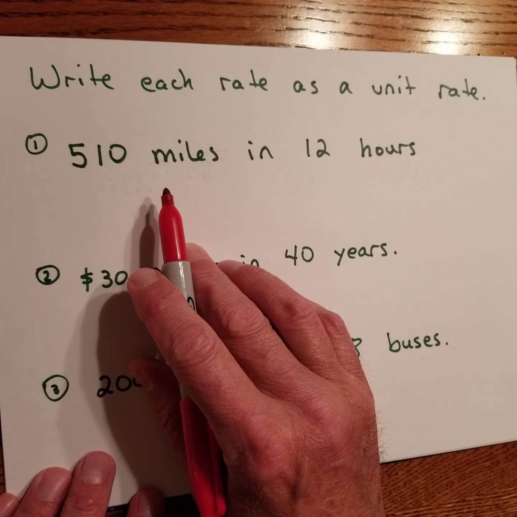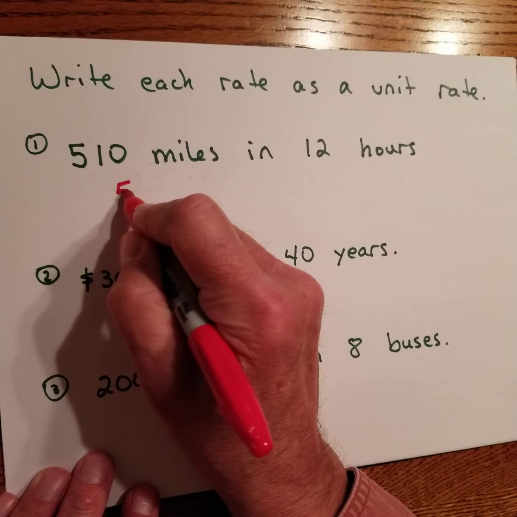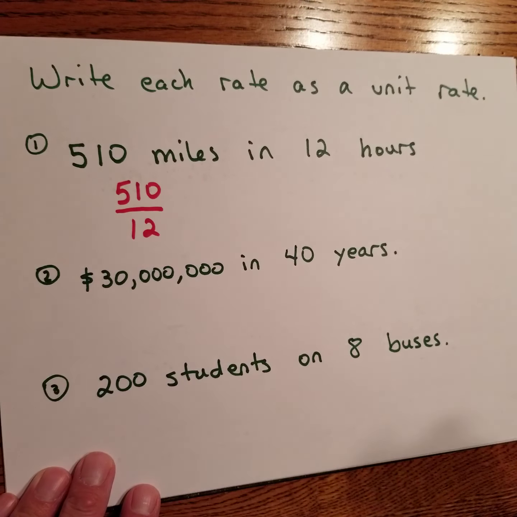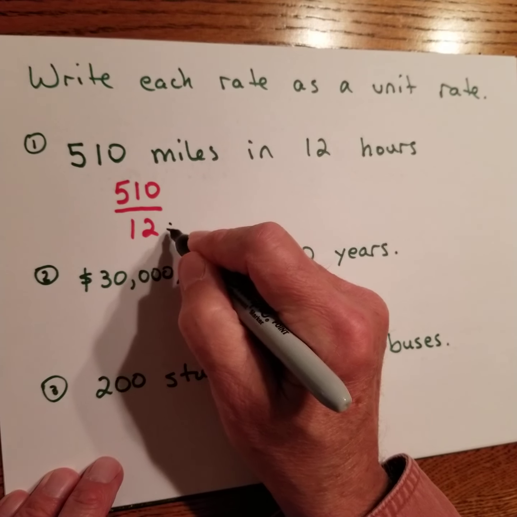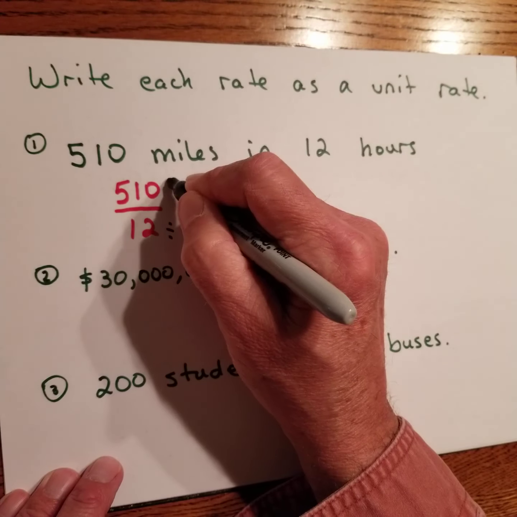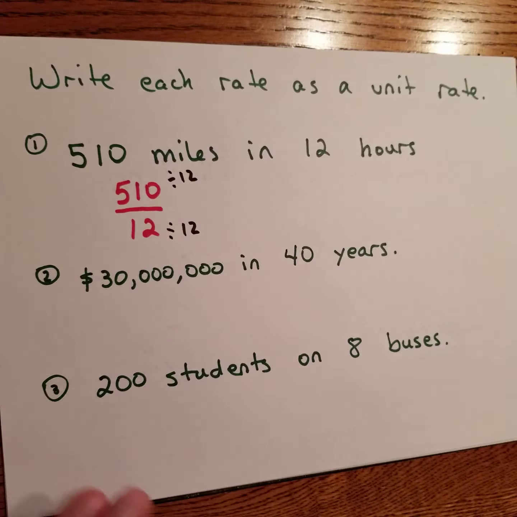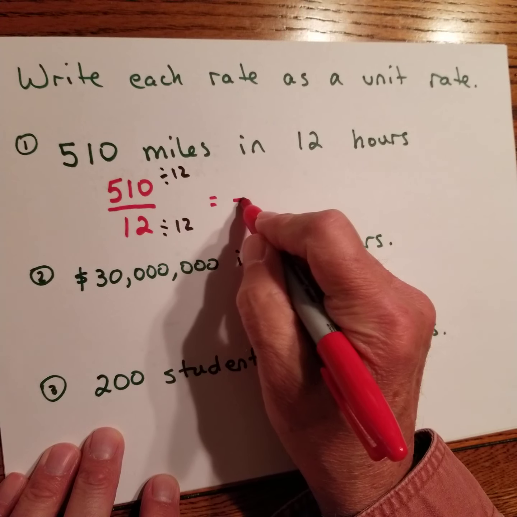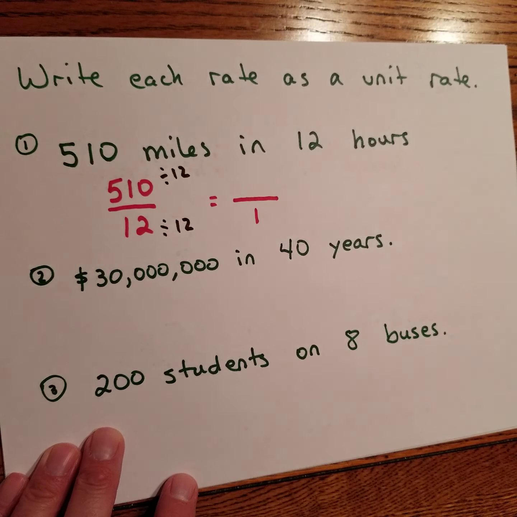510 miles in 12 hours. Let's write that as a ratio, 510 compared to 12. Turn it into a unit rate by dividing by the denominator. That way the denominator is 1.